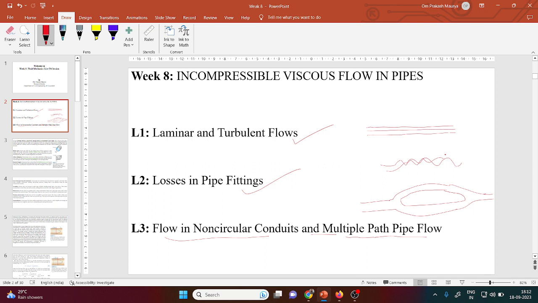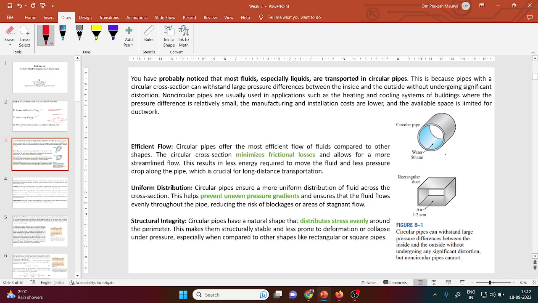So basically, one question in the mind before we go on to the questions: we will see the concepts behind the flow, actually water flow, or you can say fluid flow. Why do we generally use a circular pipe in place of a rectangular duct?